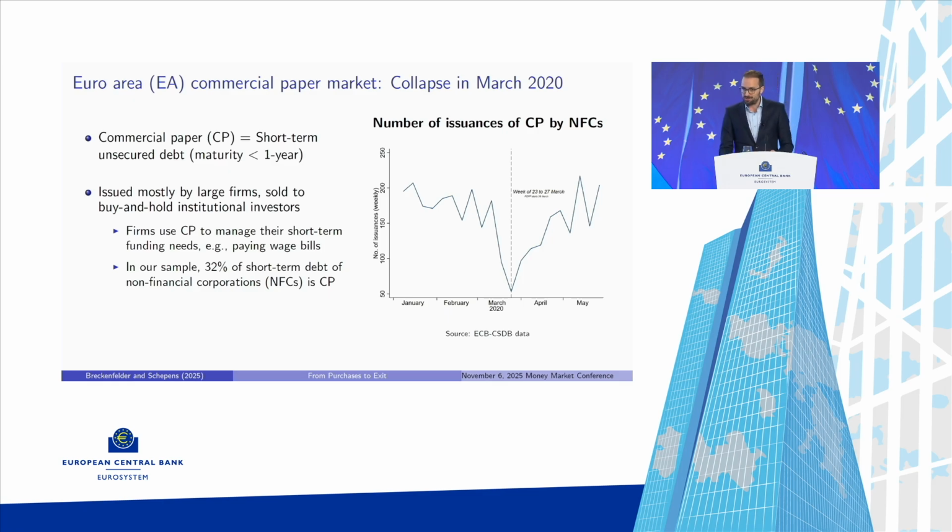Turning to the chart on the right, what you see is the number of issuances of commercial paper by non-financial corporations. On the y-axis is the number of issuances, which on a weekly basis is usually around 200. But in March 2020, they go down to around 50. Independent of what metrics we look at in the commercial paper market, you will see a similar pattern.